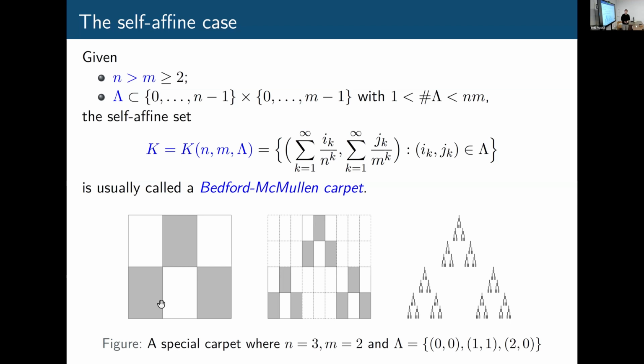So here, n is equal to 3, and m is just 2, and the capital Lambda is this. The positions: this one is (0, 0), this is (1, 1), and this is (2, 0). And after several iterations, you get something like this. So the question is, can we embed this carpet into itself using some nice similitudes?